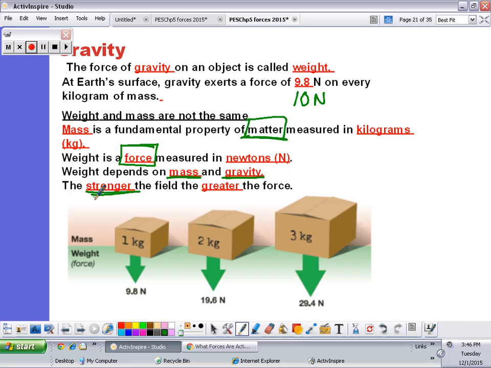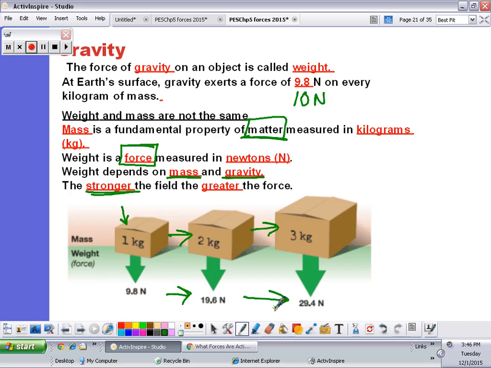So if you have this 1 kilogram box being pulled by 9.8 newtons, you increase the mass to 2 kilograms. The force increases and doubles as well. Triple it, the force triples also, because the more mass you have, the more you have to pull downward.